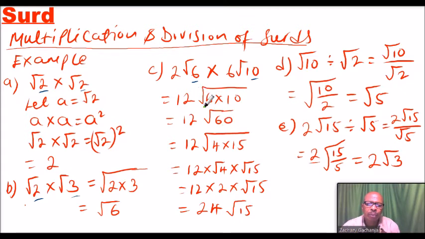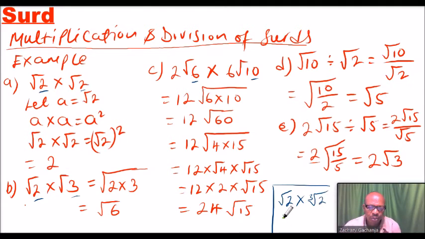What we cannot multiply is when the order of the surd is not the same. For example, it would not be possible for you to multiply the square root of 2 and the cube root of 2.